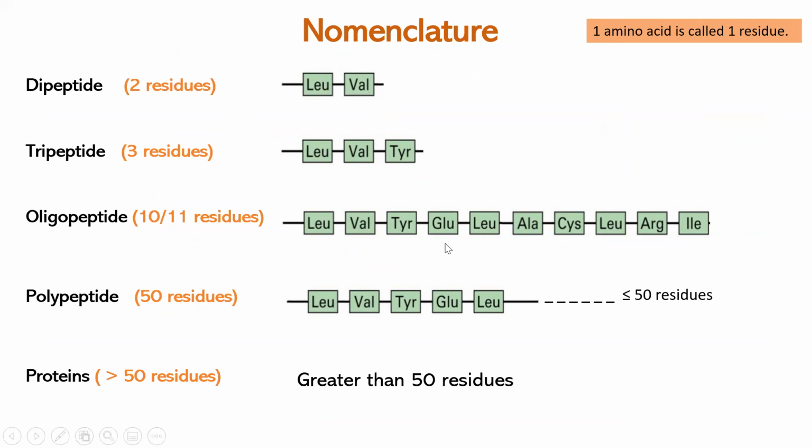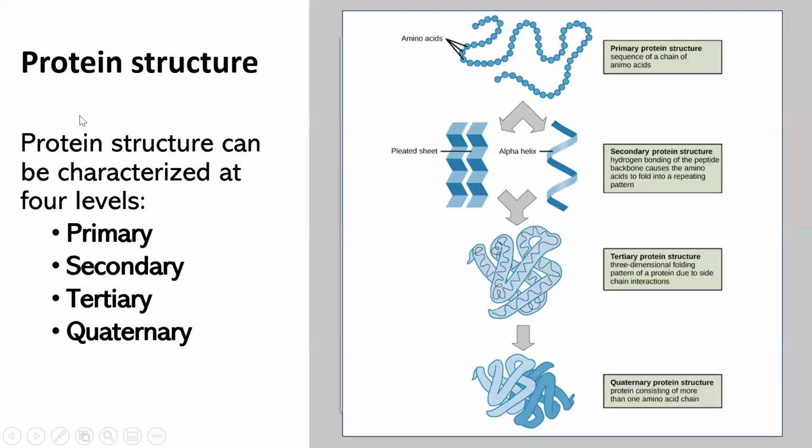And several of them coming together, not really like 100, but more like 12, 15, those are oligopeptides. Polypeptides are 50 residues and proteins are more than 50 residues. So essentially, these are just different ways of representing the smaller peptides, the smaller polypeptides and oligopeptides, all of these.